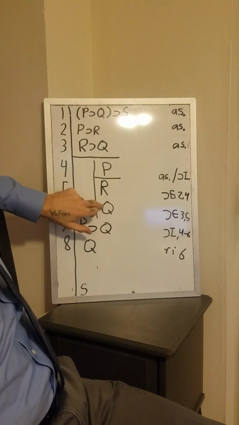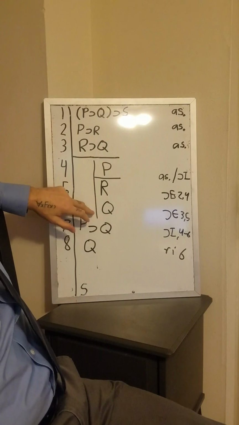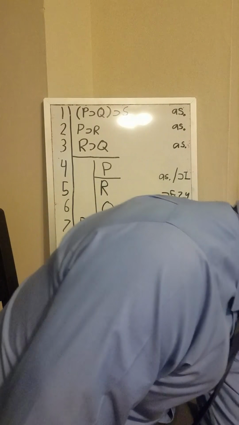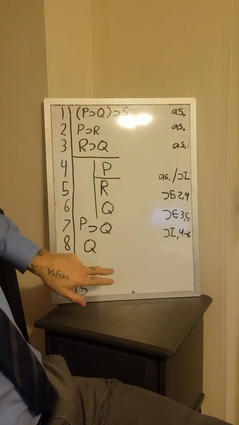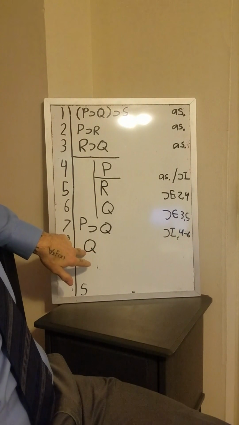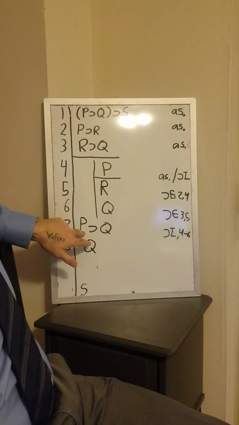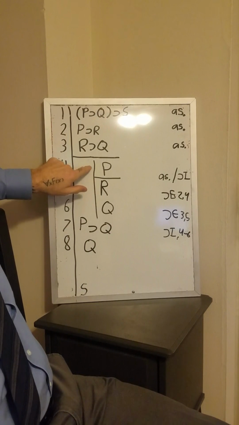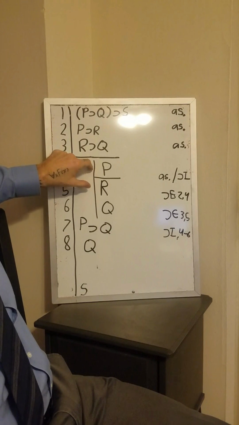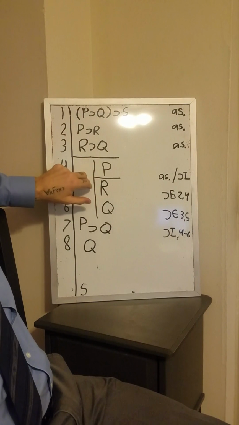That's not okay. We can't reach back in the box to get Q. Likewise, we couldn't get Q, for example, by conditional elimination with lines 4 and 7. Line 4 is invisible to us now. It went into the box and that's where it stays.